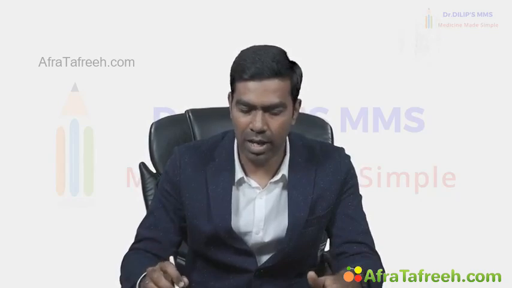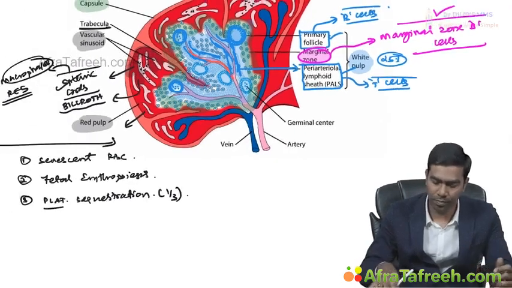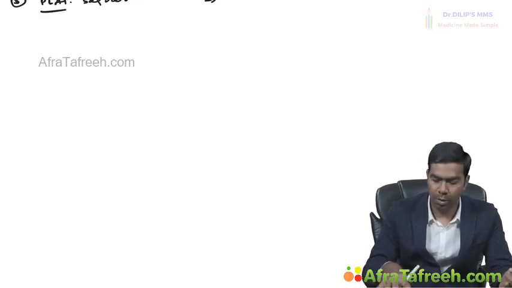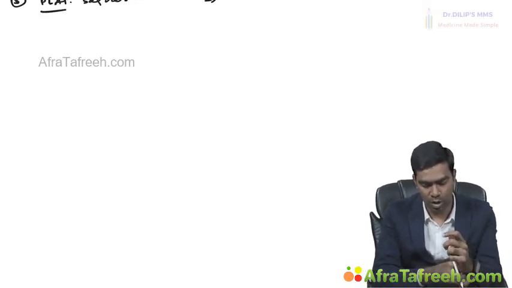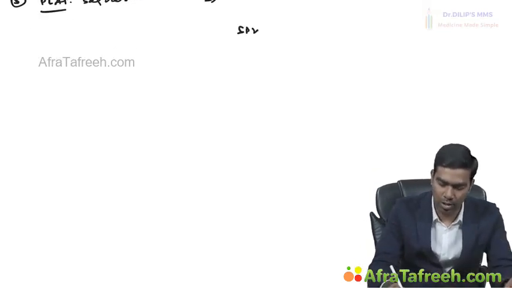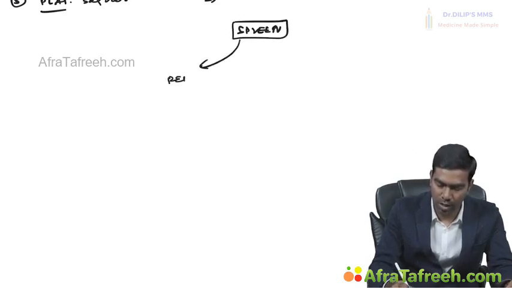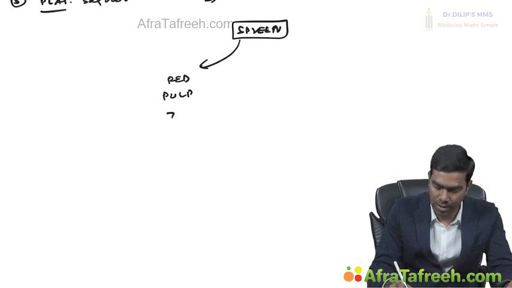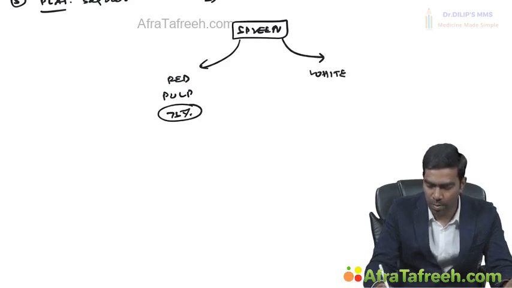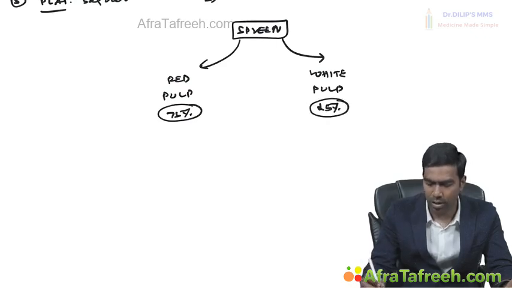So again, our aim is putting everything in perspective and putting it in an easier way to understand. So how to put it in an easier way? Splenic histology, we can put into red pulp, which is the major bulk, 75%, and white pulp, which contributes only 25%.